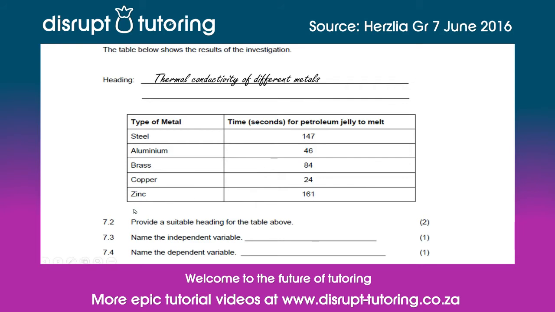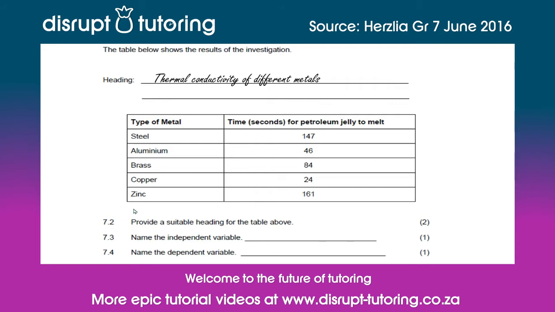Okay, 7.3 says name the independent variable, and 7.4 asks us to name the dependent variable. Now, before we actually get to answering this specific question, let's bring to mind what a variable is, or rather the variables in an experiment. They're usually three: independent variable, dependent variable, and a controlled variable.